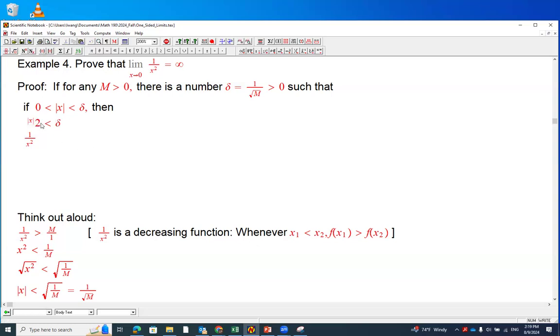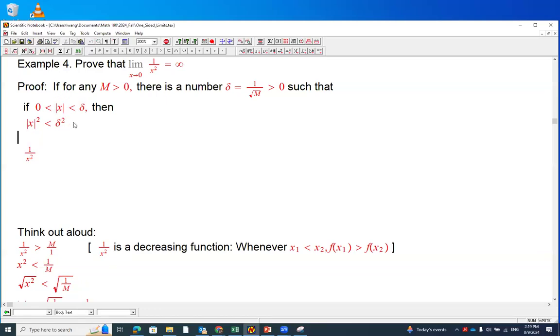Whoops, my bad. If we square both sides, this is just algebraic. Because this is a given, and we flip it, the absolute value of X squared is the same as X squared.